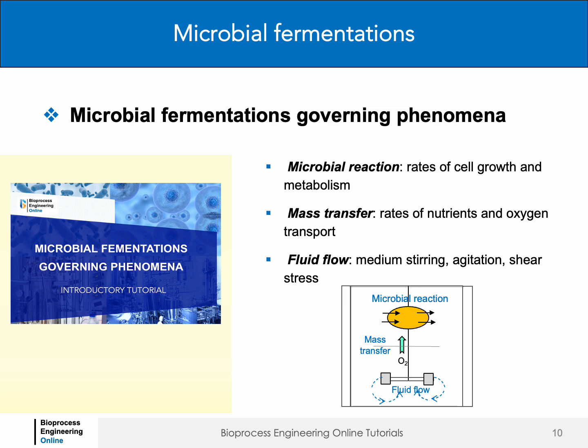Second, mass transfer, which ensures the efficient supply of essential components, such as nutrients and oxygen, particularly critical in aerobic processes. Finally, fluid flow, including mixing and agitation in the bioreactor, which determines system homogeneity, while also generating shear stress that can impact cell viability.